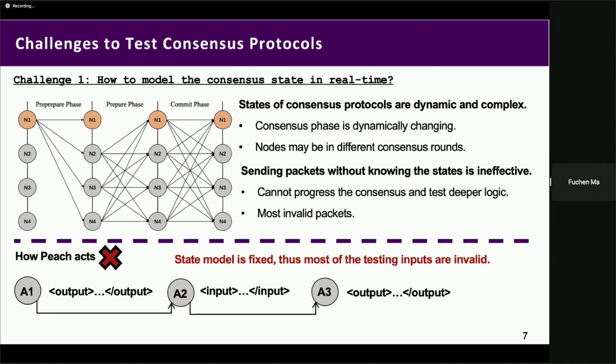Thus, most of the generated testing packets are invalid. There are some traditional protocol fuzzers, such as Peach, but they cannot handle this challenge well. Peach uses a fixed state model without knowing the current state of the system, and thus most of the generated inputs are invalid.